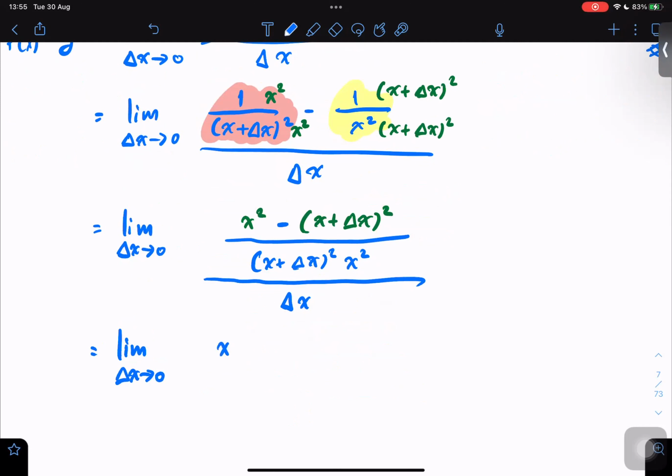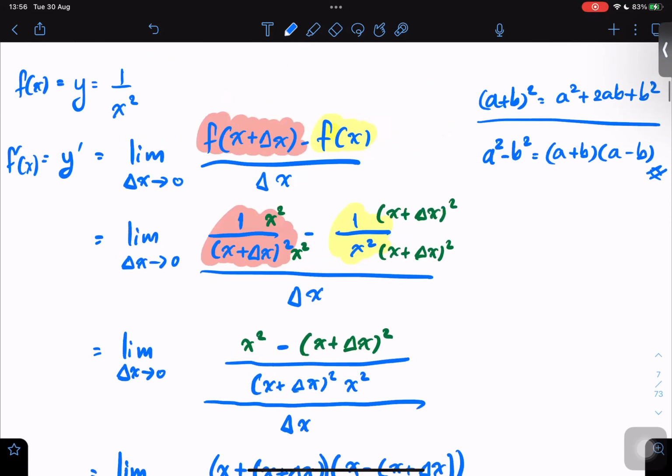x plus delta x and x minus x plus delta x, right?